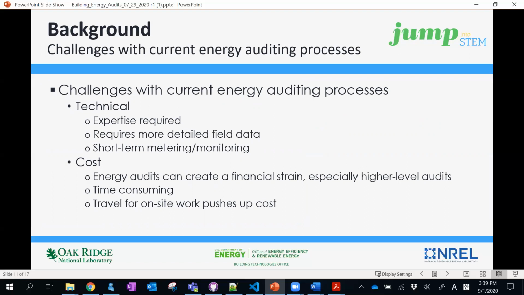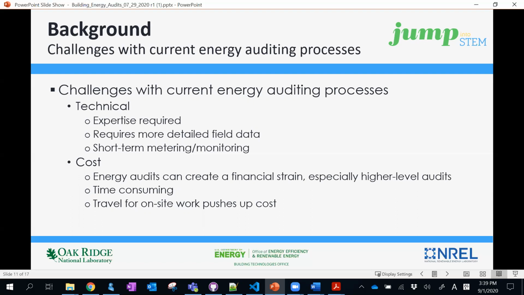Because level 2 and level 3 audits are expensive, they are not performed often, especially for residential buildings. So significant energy savings are left unrealized. More specifically, a detailed energy audit requires technical expertise, more detailed field data, and short-term metering or monitoring data.